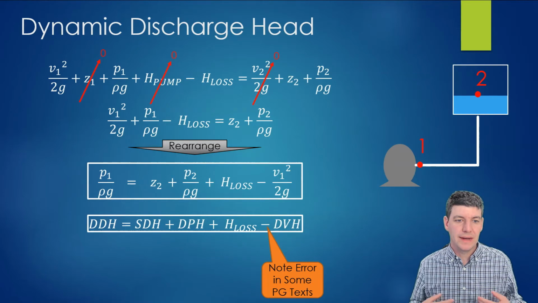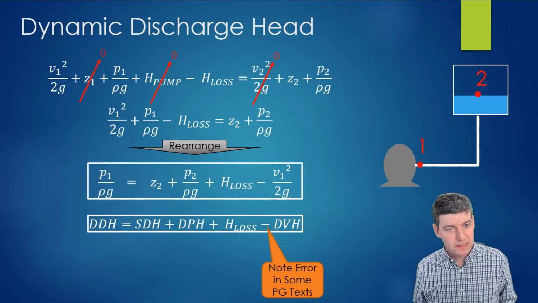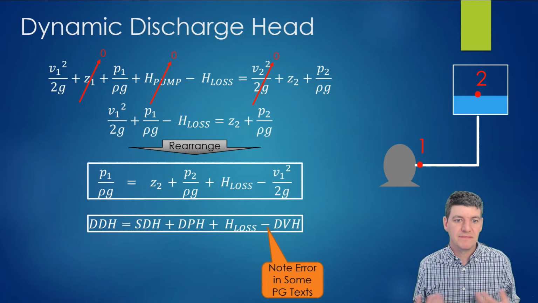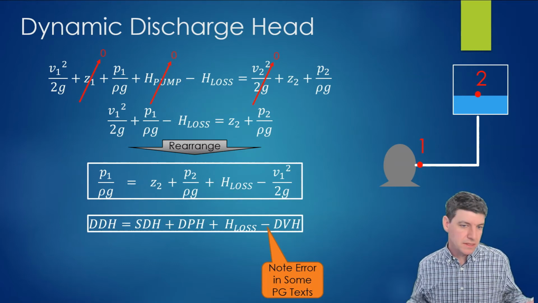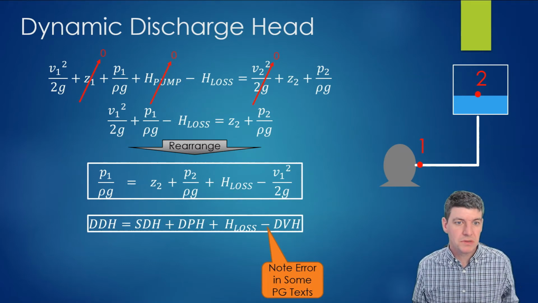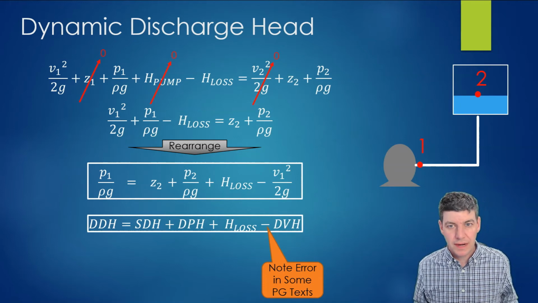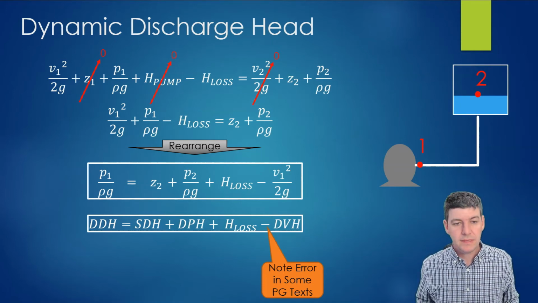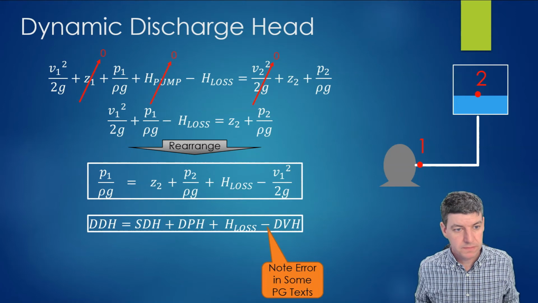It has to overcome the friction losses on that pathway. But it also carries with it some energy as it leaves that pump. So it carries that velocity with it. So that is a benefit to me. It's some extra energy that I can account for at the end. And that's the reason why we have the negative there.